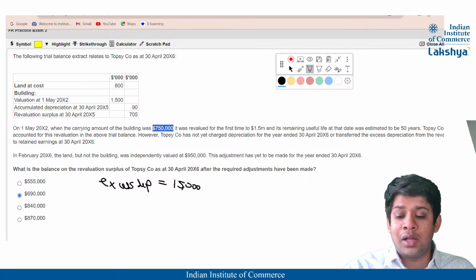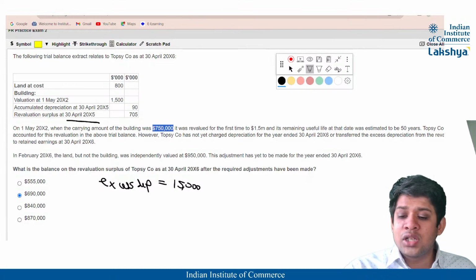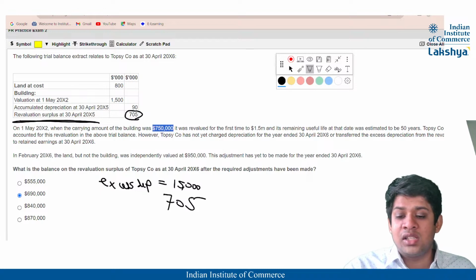Okay. So just remember one thing, that whatever is the revaluation surplus, from that you're going to take the excess depreciation, correct? Now, the revaluation surplus at 30th April 2015, you can see here, was 705, right? That means the balance at the start of the year was 705, okay? Then my land got revalued independently, correct?